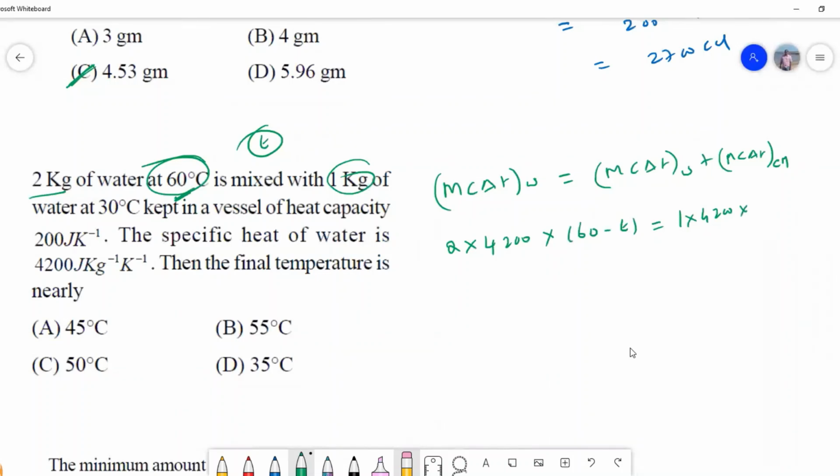Initially the temperature is 30, final is T, so it becomes T minus 30, plus mc of calorimeter. The heat capacity is given as 200, so the mc value is given as 200.